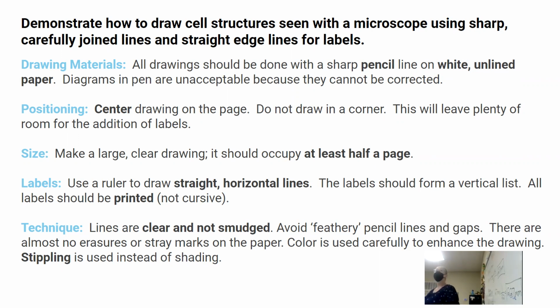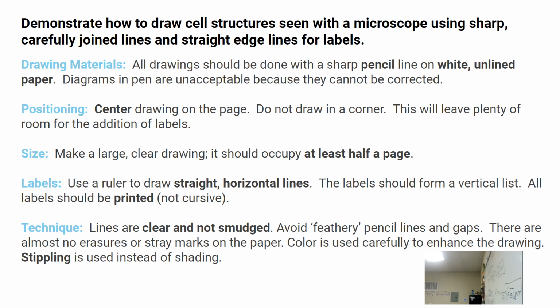For drawing materials, you have to use a pencil on white unlined paper. If you are asked to draw something on an IB exam, they will have a blank spot of paper, and that's where you will draw. If your pencil is not sharp, you will raise your hand and say, I need a sharp pencil. Just like your SATs, you cannot use a pen.